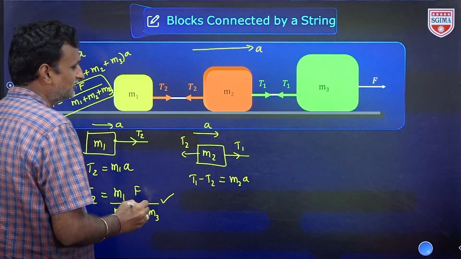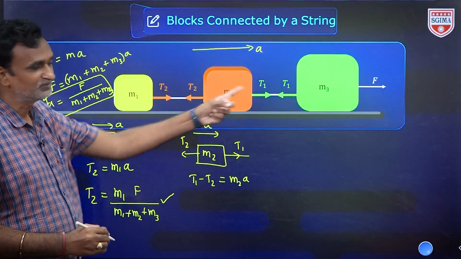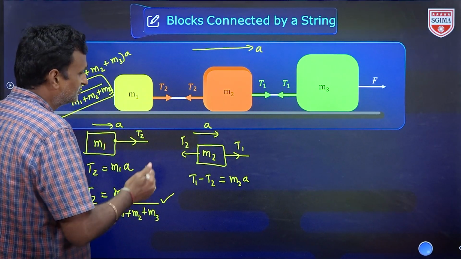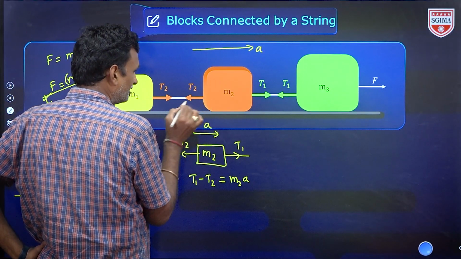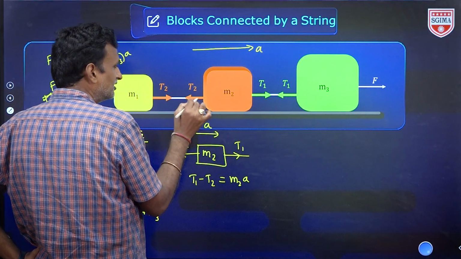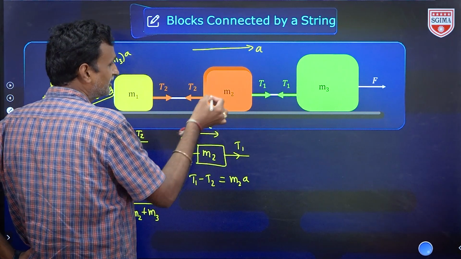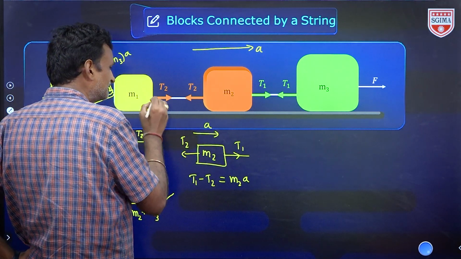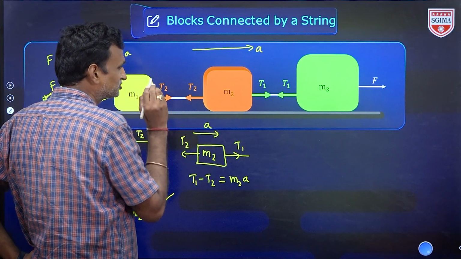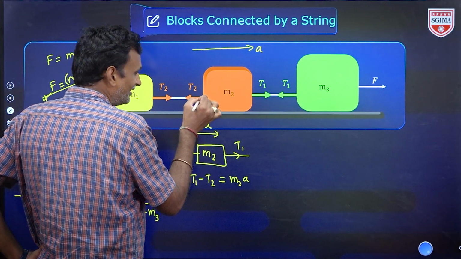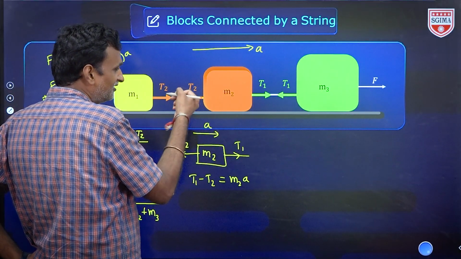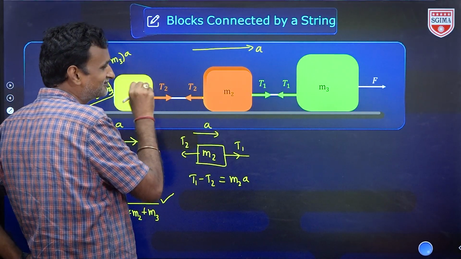Don't get confused here: this string is connected to m1 and m2, so the string is the same and the tension is the same. Sir, for the M2 block there might be a different force? No, definitely the string is one, so the tension must be the same, but the direction will be different. On M2 it is left side, on M1 it is right side.